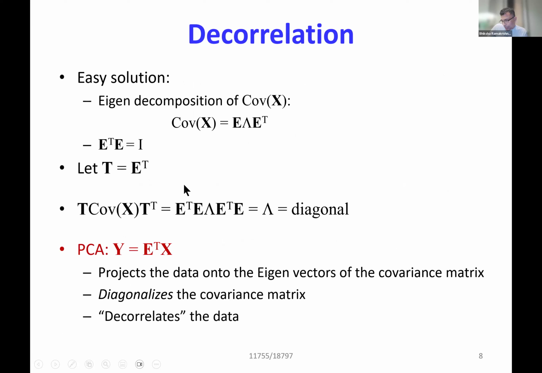And so we saw again that the covariance matrix of X can be decomposed using eigen decomposition into some E lambda E transpose, where E are the eigenvectors of the covariance matrix, and lambda is the matrix of eigenvalues. And we know from the properties of eigen decomposition that the eigenvectors of a symmetric matrix, such as a covariance matrix, are going to be orthogonal to one another, which means that E transpose E is going to be an identity matrix.